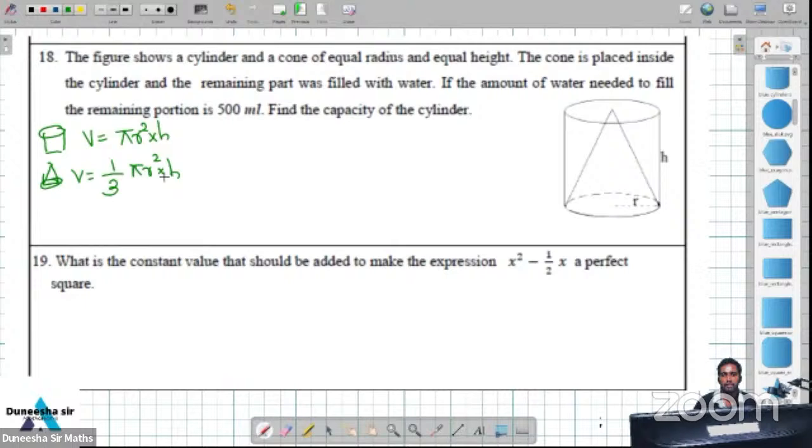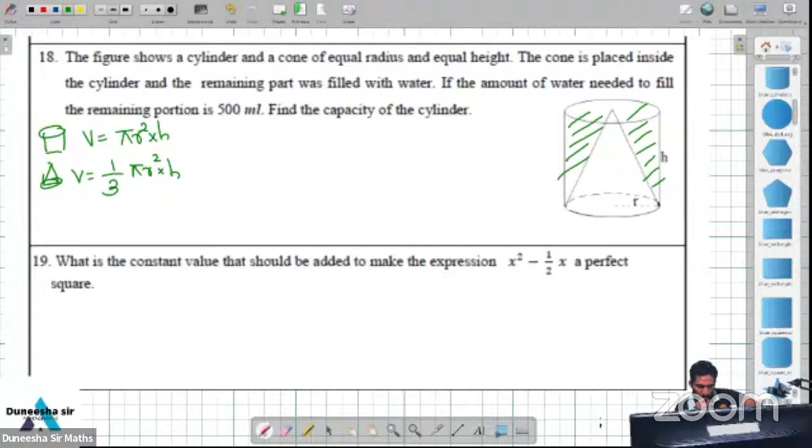Okay. Now what is the remaining portion? The cylinder base and cone base are equal, so the cone fits inside exactly. The heights are also equal. Then to fill the gap, how much water is needed? How much water needed? 500 fills the space between the cone and the cylinder, right?